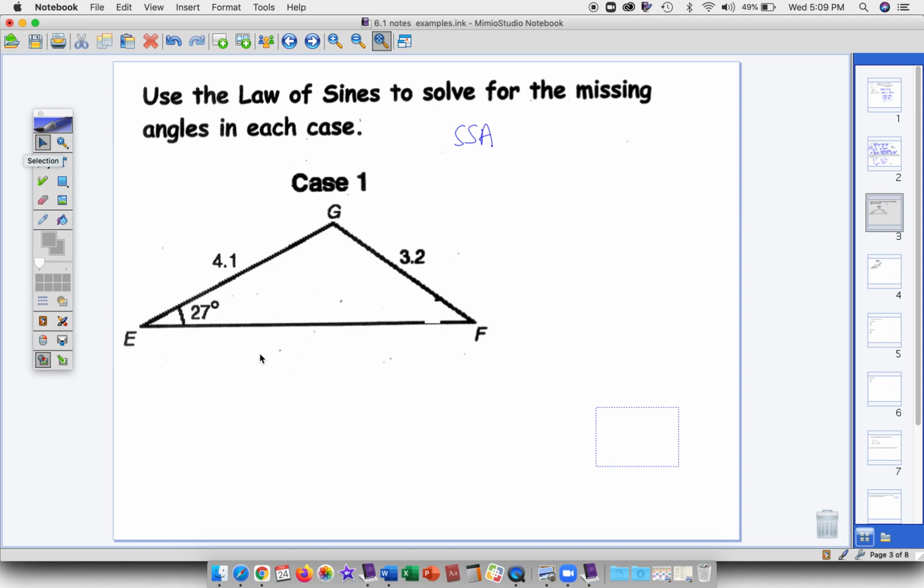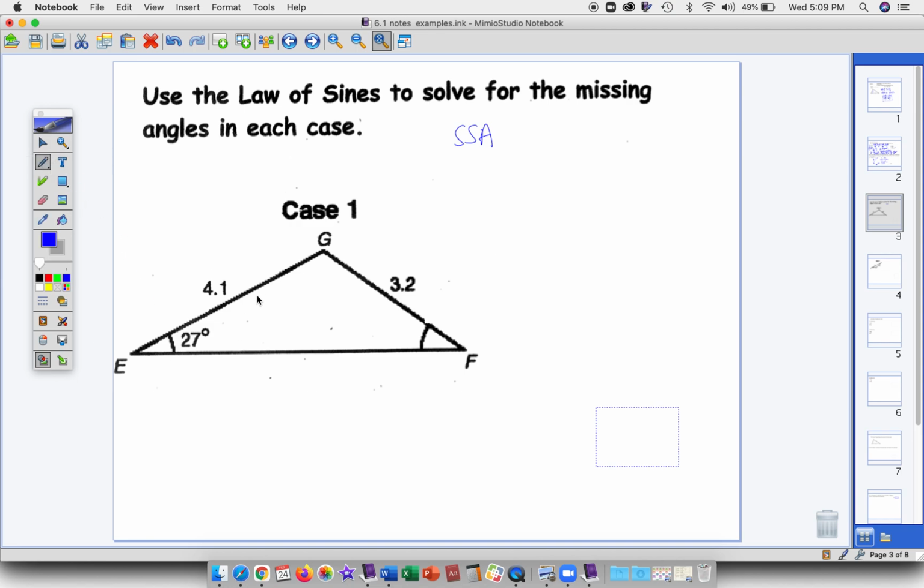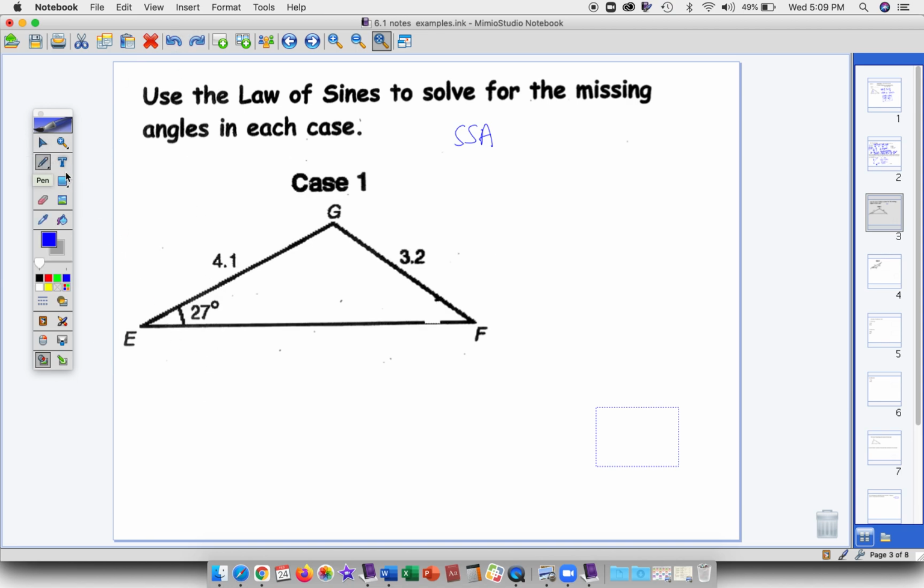I can use my law of sines to solve. I'm solving for angle F. So I'm going to set up the sine of 27 over 3.2 is equal to the sine of F over 4.1.